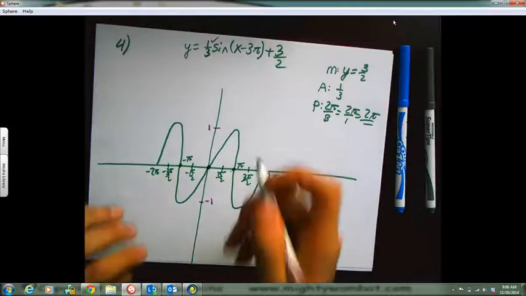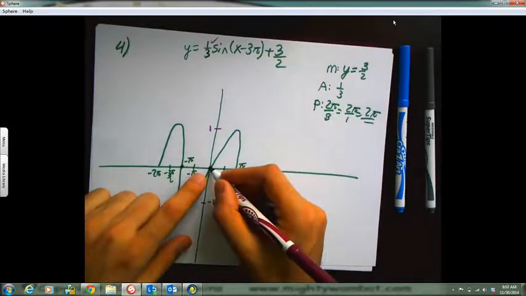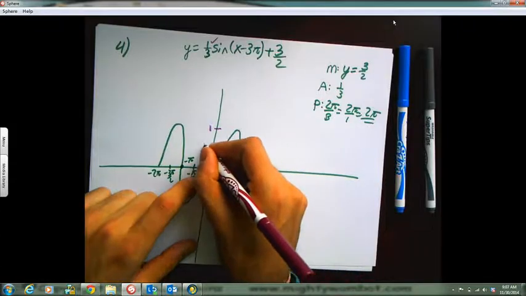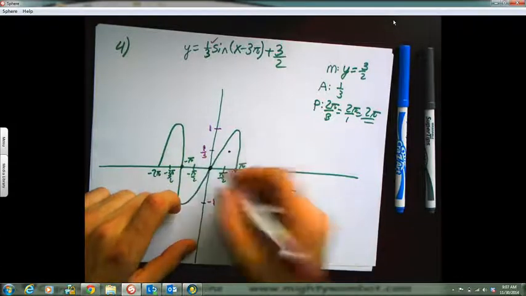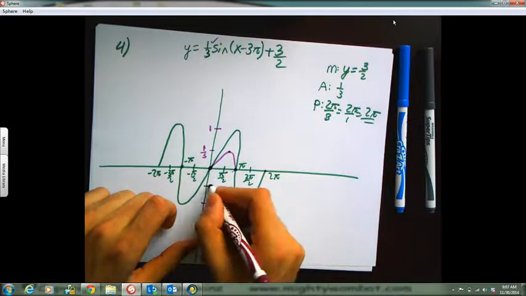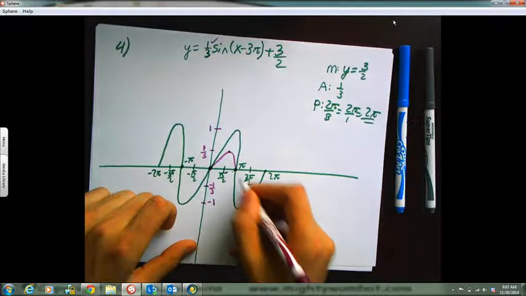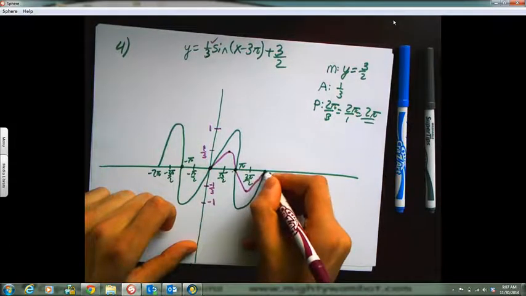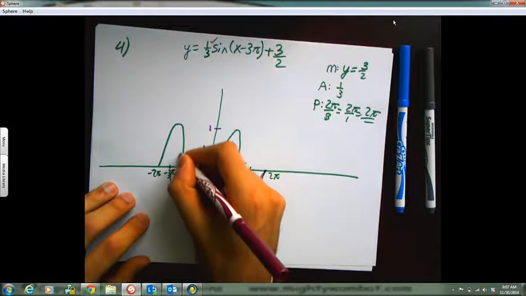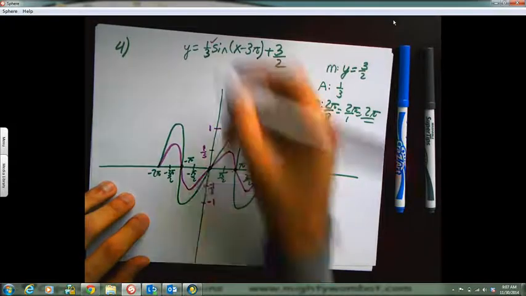But anyways, 0 times 1/3 is 0. 1 times 1/3 is 1/3. So we're up here. We're back down to 0. -1 times 1/3 is -1/3. That's here. And then we're going to come down, up, down. So there's the pink. I multiplied everything by 1/3.